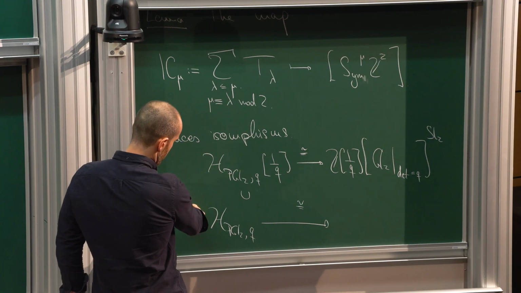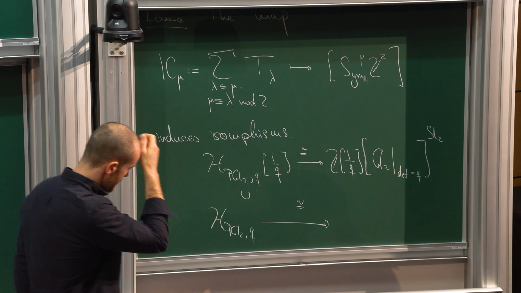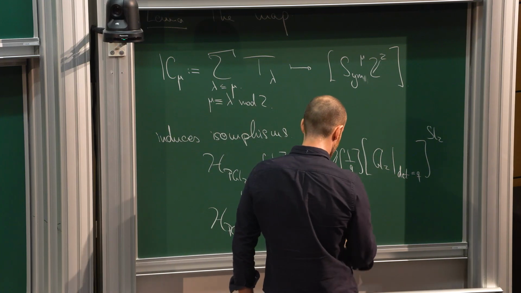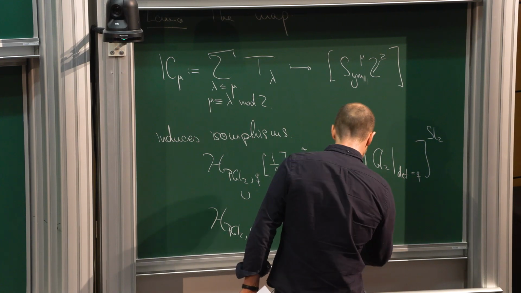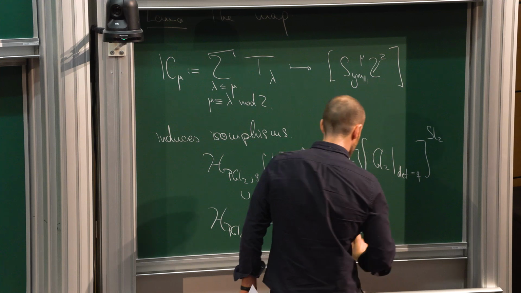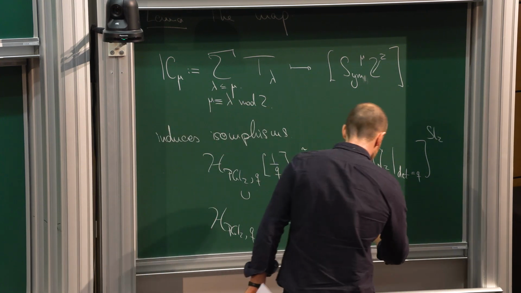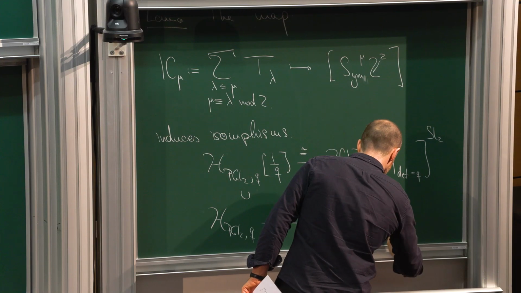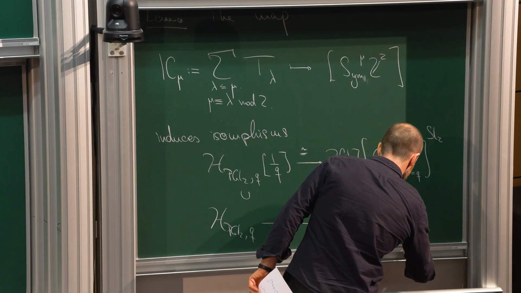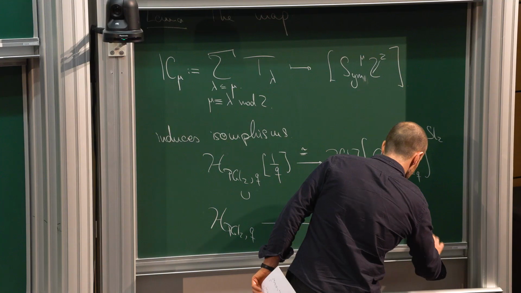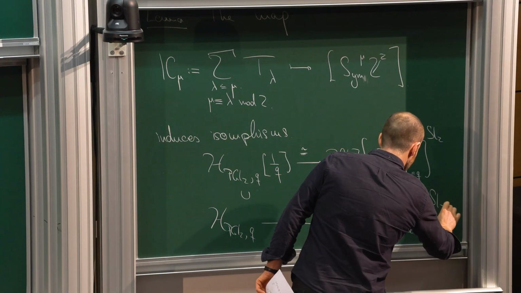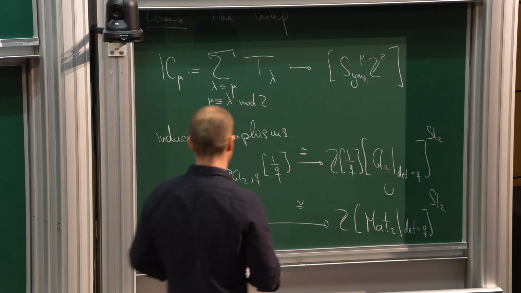In particular, this Hecke ring is torsion free, so it's really a subring. And here you get, well, what is the monoid completion? In this case, it's just 2x2 matrices restricted to determinant equal to Q. And then SL2 inside here. Okay.